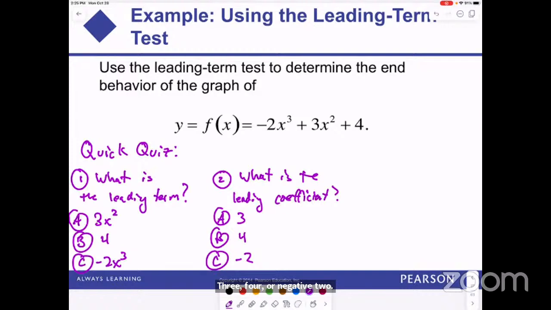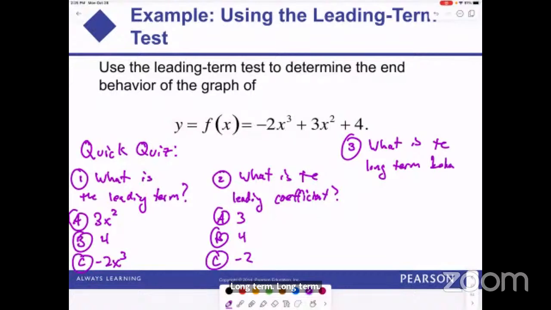Okay. The last one's going to be a little intense. The third question: what is the long-term behavior of this polynomial function?